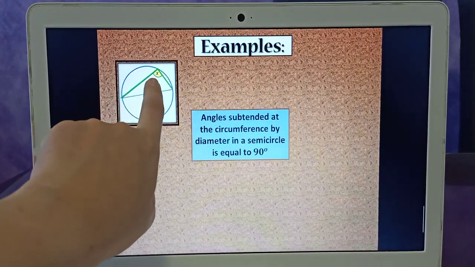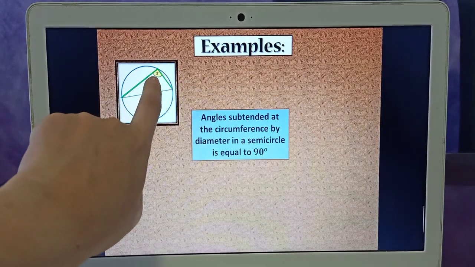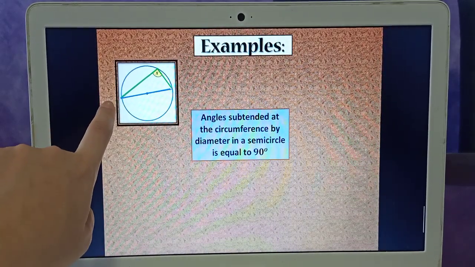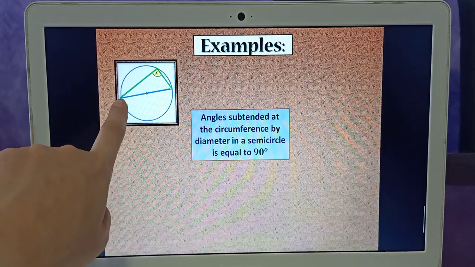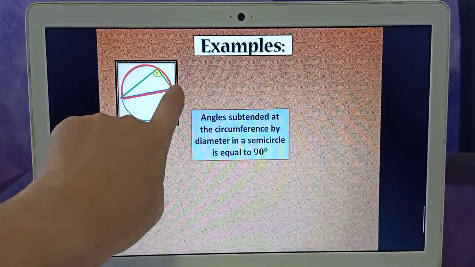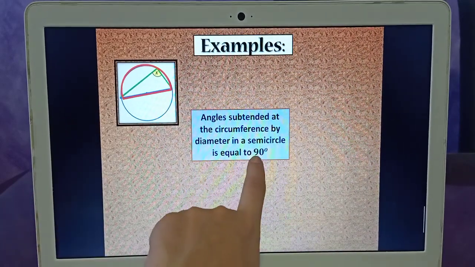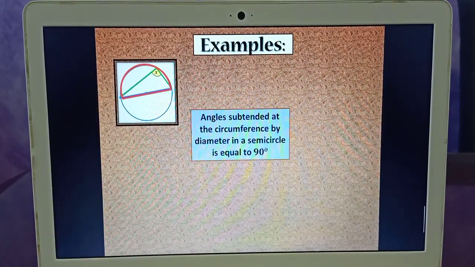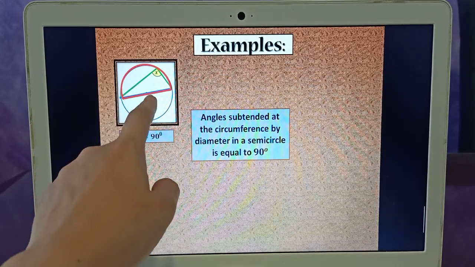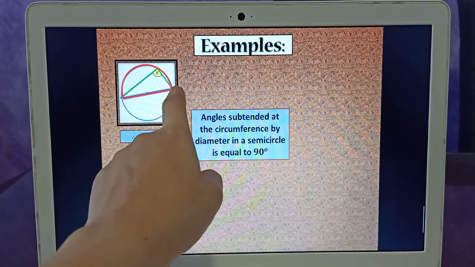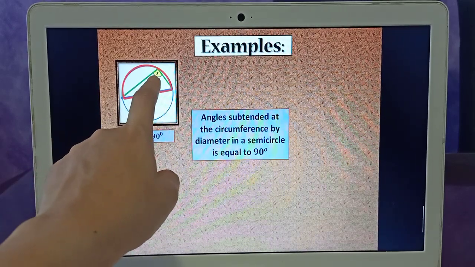So angle x is the angle subtended at the circumference by this diameter, in a semicircle. So x is equal to 90 degrees. Only when it is subtended by a diameter do we call it 90 degrees.